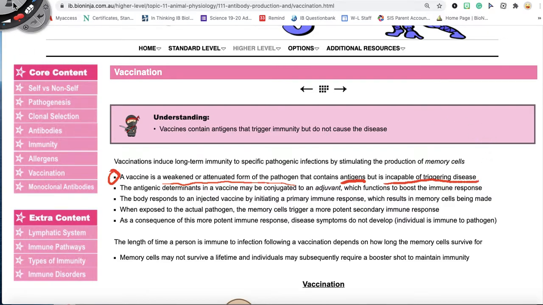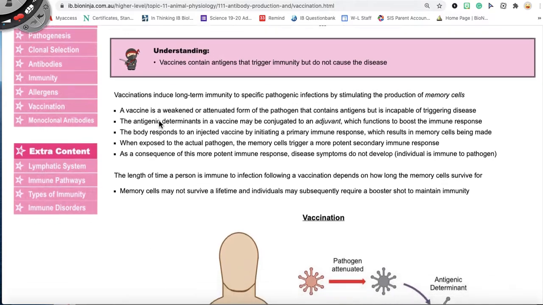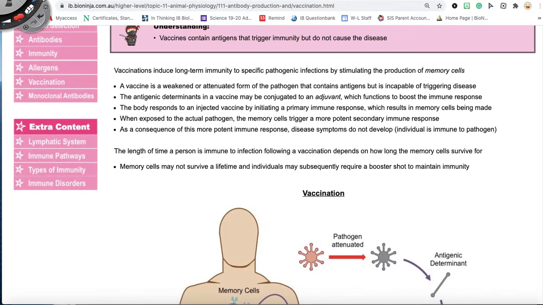So how is an attenuated virus made? There are certain antigenic determinants in a vaccine that may be conjugated to an adjuvant. And an adjuvant could be something that functions to boost the immune system.